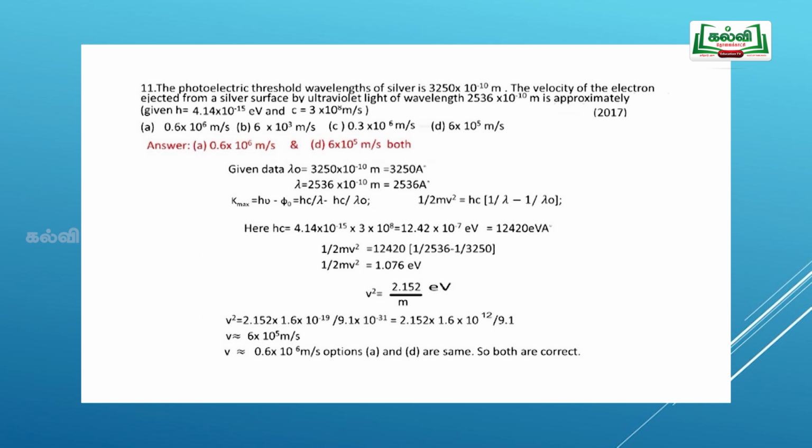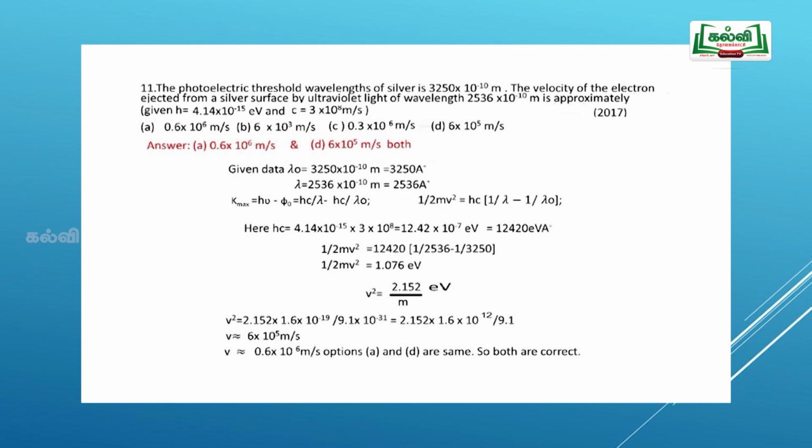When you multiply these two, you get 12.42 into 10 power minus 7 eV meter, which can be written as 12,420 eV Angstrom, because 10 power minus 3 into 10 power plus 3 gives 12,420 eV Angstrom, which we approximately take as 12,400 eV Angstrom. So here half m v square is equal to 12,420 into the bracket of 1 by lambda, that is 1 by 2536, minus 1 by lambda naught, which is 1 by 3250.